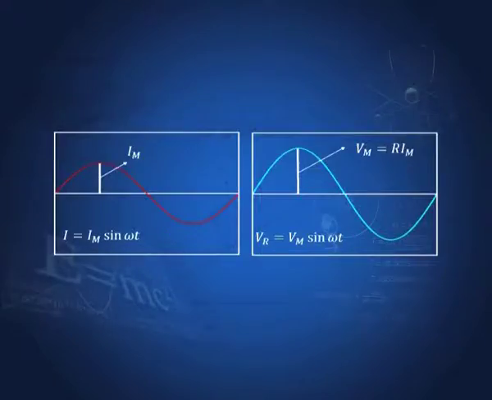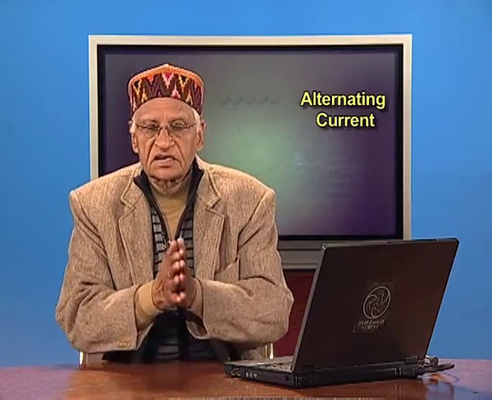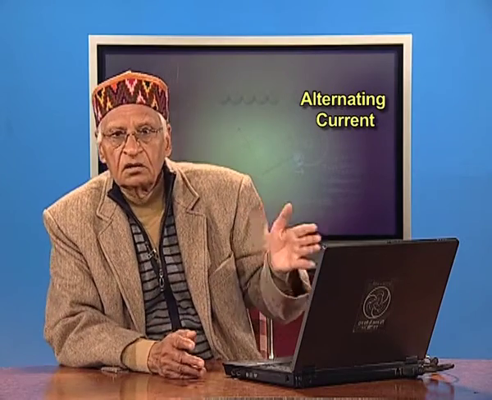So, the voltage across a resistor is in phase with the current. This is the current and this is the voltage. You can see the amplitude may be different, but the phases are the same. So, across a resistor, the voltage has the same phase as the current.